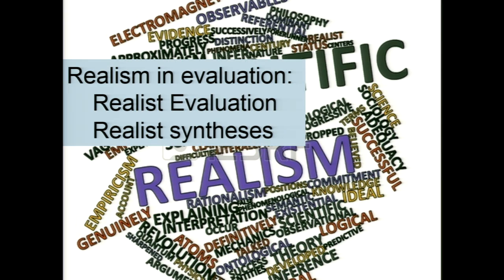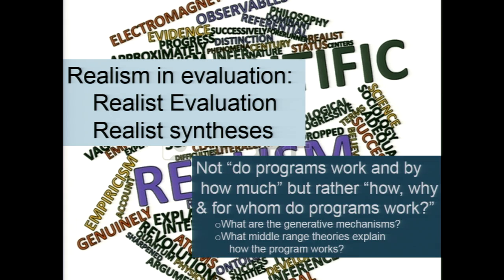Okay, so realism in evaluation. There's something called realist evaluation. It's evaluation based on explanation, theorizing and explanation. A realist synthesis is a systematic review of the literature based on the goal of how programs work, not whether.